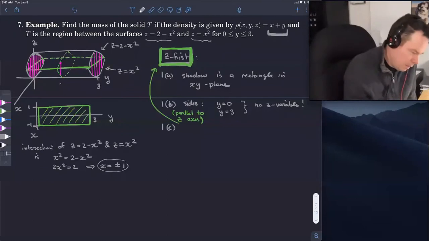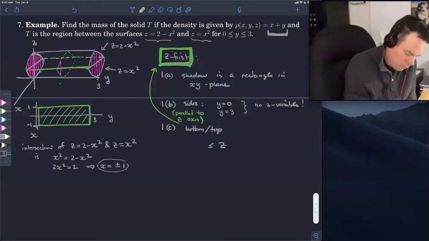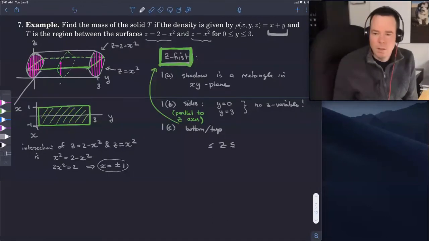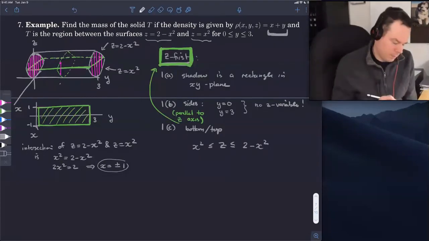So then 1C is going to be our bottom top. And again, these are in reference to z. So bottom and top are what our z values are trapped between. The bottom is going to be the lower parabola, which is x squared, and the top is our upper parabola, 2 minus x squared.